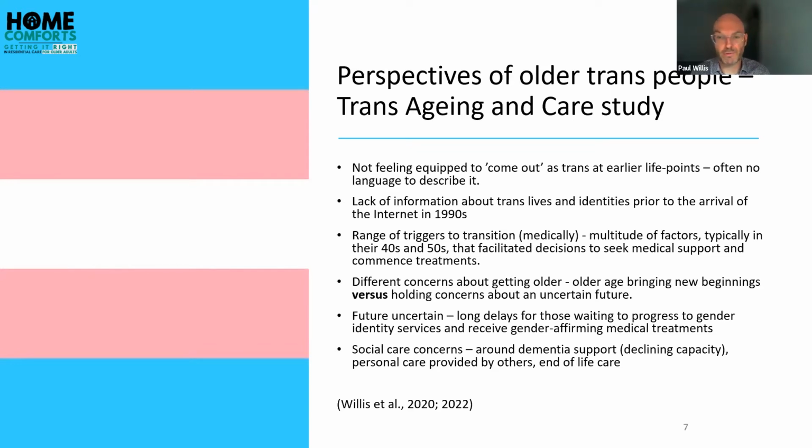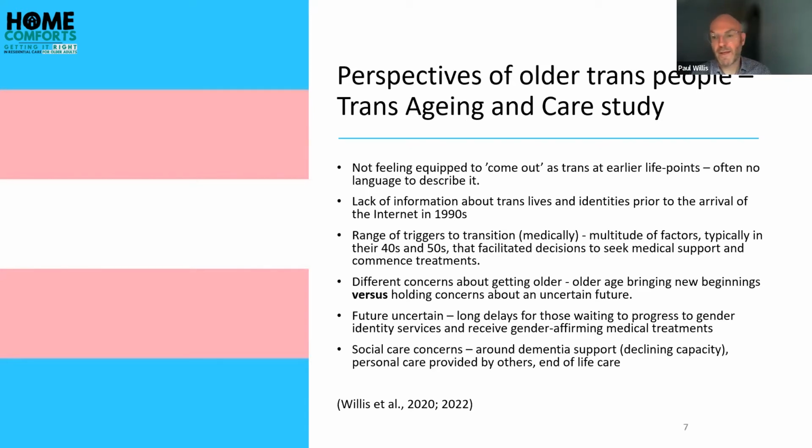and to be able to start receiving gender affirming medical treatments. In terms of social care, the people we spoke to had concerns about dementia support, particularly if they're experiencing declines in their mental capacity, so declines in their capacity to make decisions about their own day-to-day lives and how they want people to treat them and respond to them.